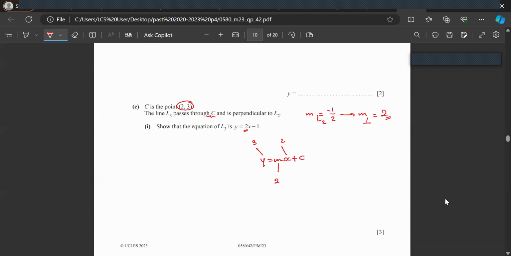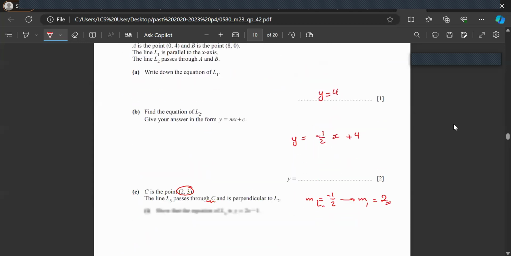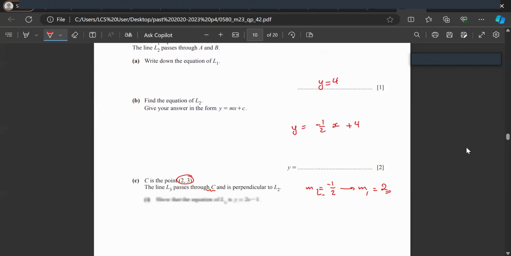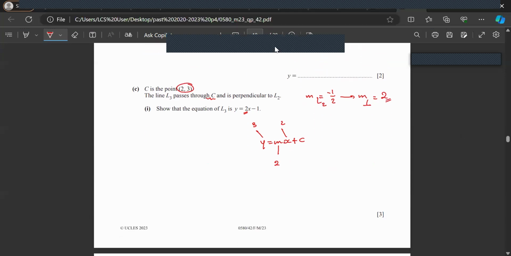What do you think? How to get D? Make y equal to 0.